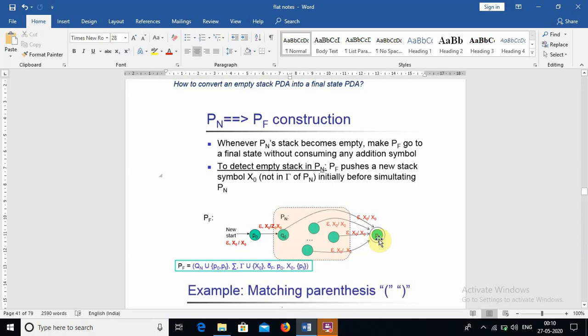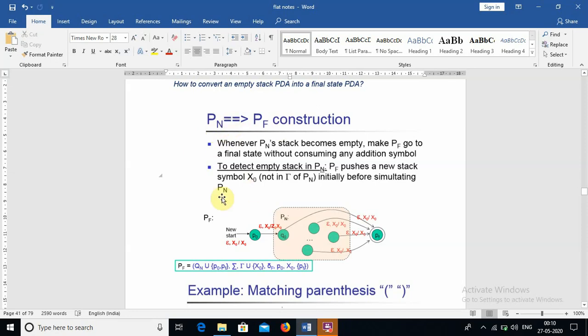I'm repeating once again. Now we have to convert a PDA with empty stack to a PDA with final state. How is it possible? A PDA with empty stack means we consume the entire string and are at the empty stack, but there may or may not be a chance to reach the final state. If we reach it, it is good. If not, we are at some other state. But we have to reach the final state, so the conversion is required.